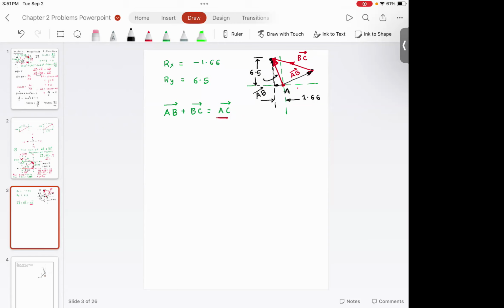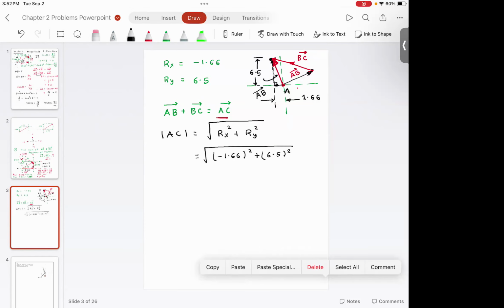So look at this triangle. The magnitude of AC is the square root of Rx square plus Ry square, which is minus 1.66 square plus 6.5 square.